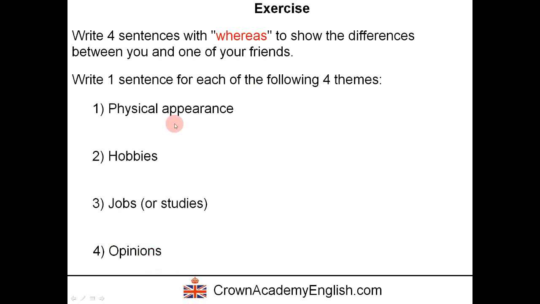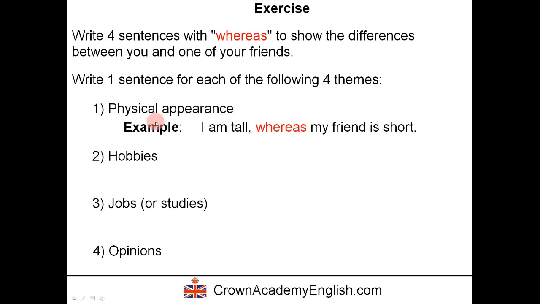So let me give you an example. I've written the first one for you. Okay, so I've done this one comparing it with one of my friends. So, example, I am tall, whereas my friend is short. Okay, so this is a sentence comparing my physical appearance with the physical appearance of my friend.